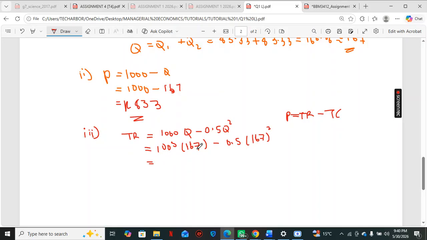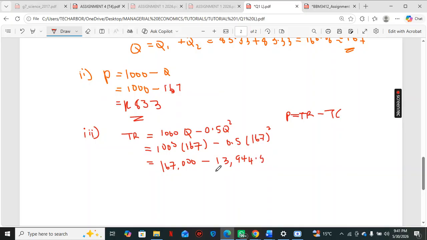So 1000 multiplied by 167, we're going to get 167,000. Then 167 squared is 27,889, multiplied by 0.5. That gives us 13,944.5.